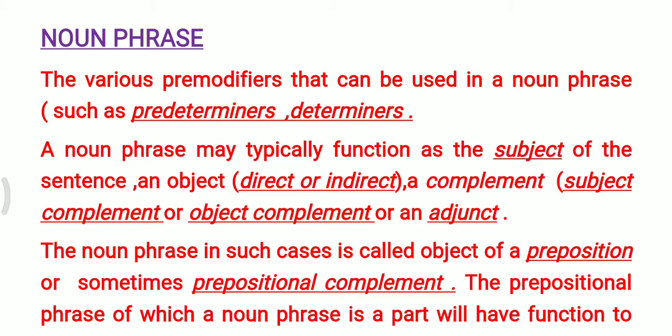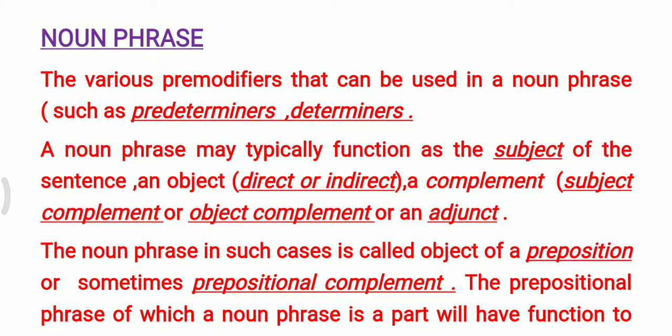Direct object or indirect object means, for example, I have taken a book, right? I have taken a book. A book is the direct object. So two objects can also be there.